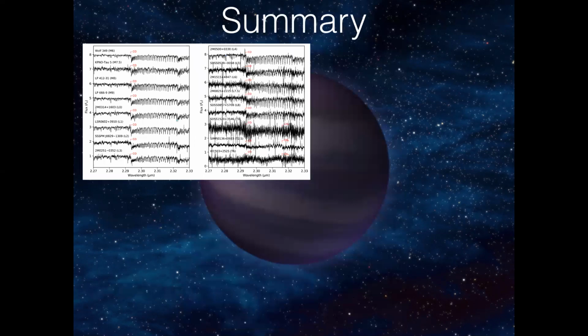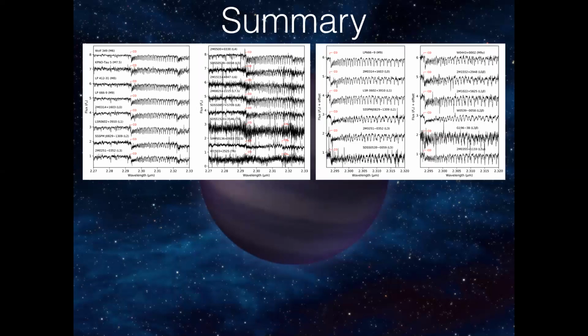So in summary, we obtained the first sequence of ultracool dwarfs covering a large range of spectral types with broad wavelength coverage at high resolving power. We obtained spectra of both field objects and known low gravity objects, which we're going to use to look for gravity sensitive features, because differences in surface gravity are visible at high resolution.